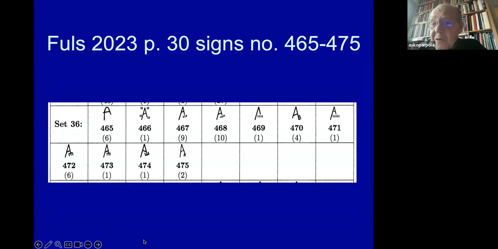However, this context is important in proving that the signs 465 and 467 to 475, which Wells distinguishes as 10 separate graphemes, are in fact allographs, as most of them occur in this very context only.